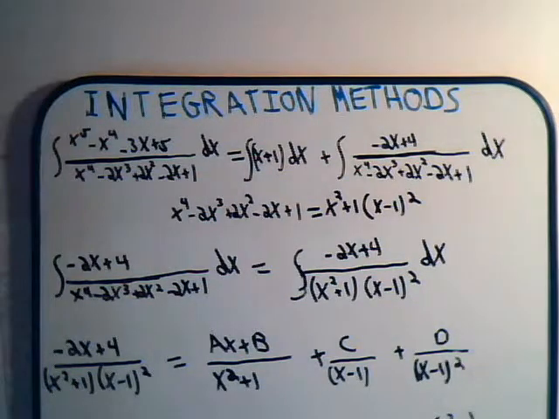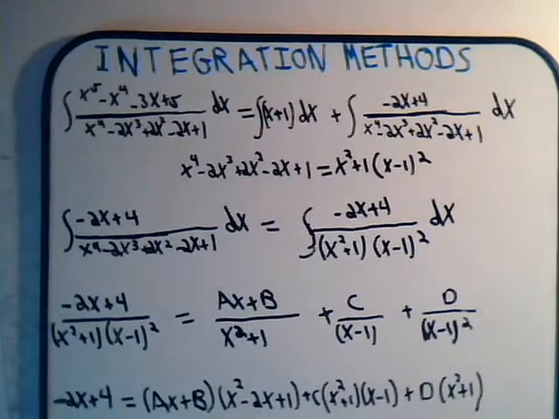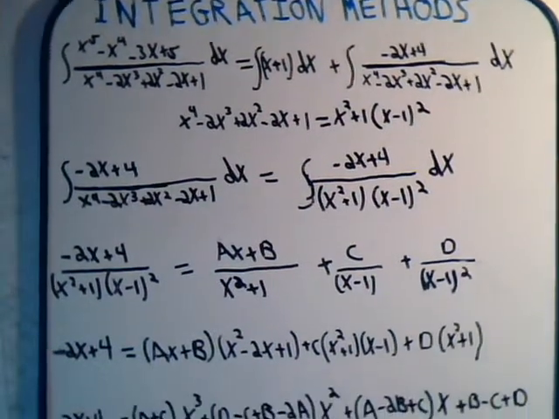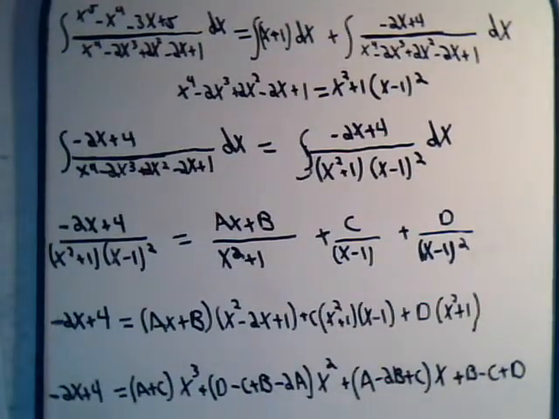Okay, in the last video, we were working with this partial fraction expansion, and we had it down to here. What we had to do after this, of course, is multiply through, go through the algebra, and then equate coefficients.